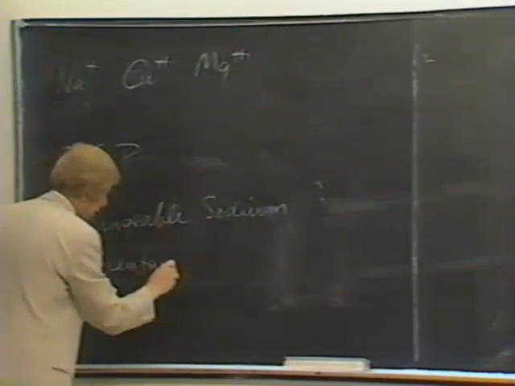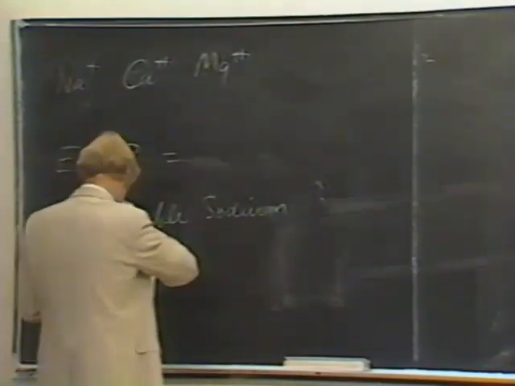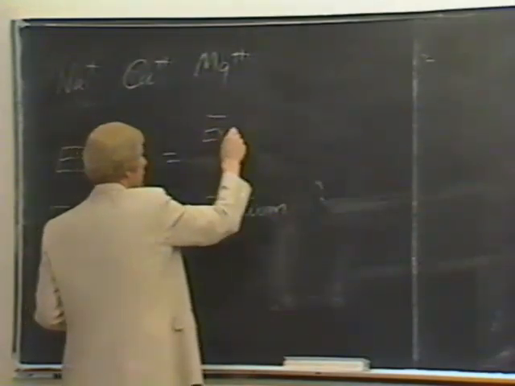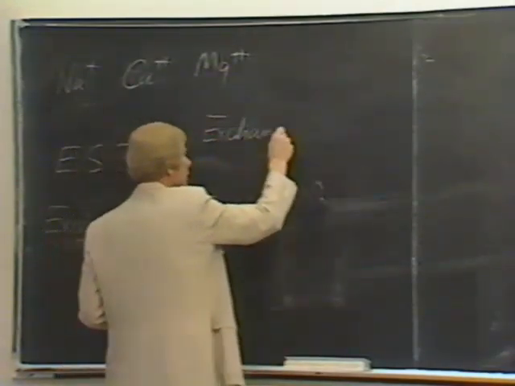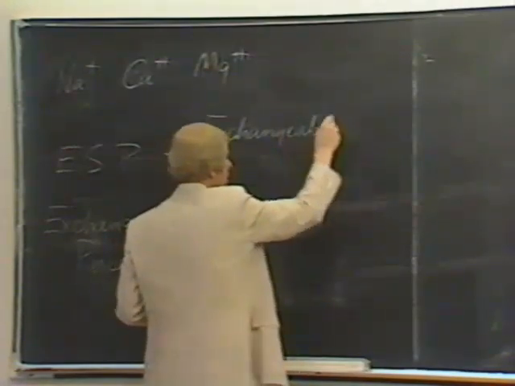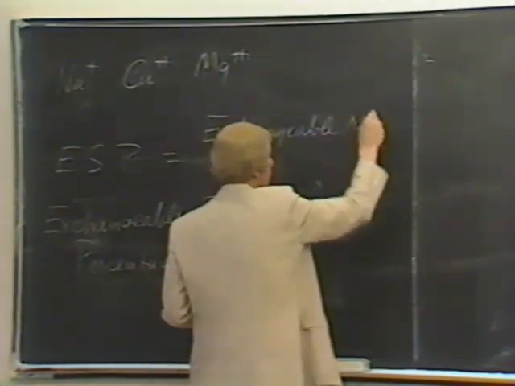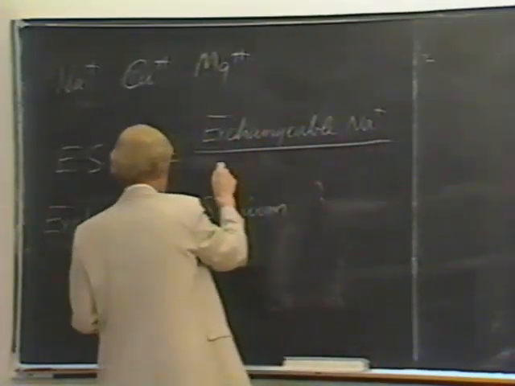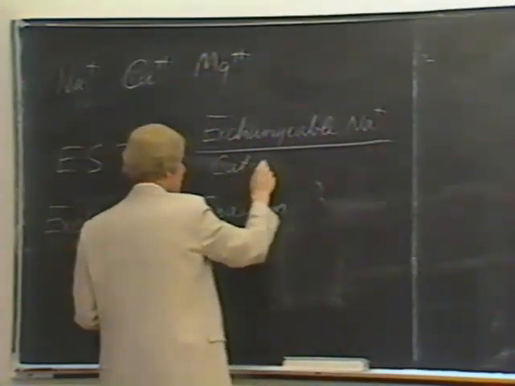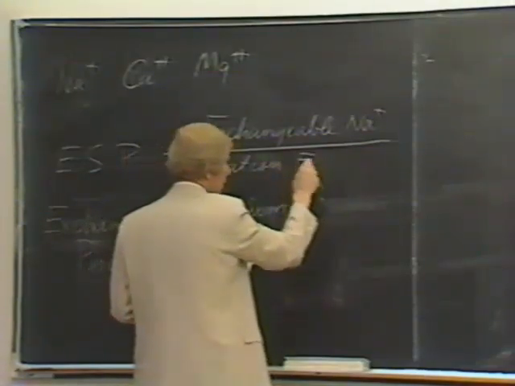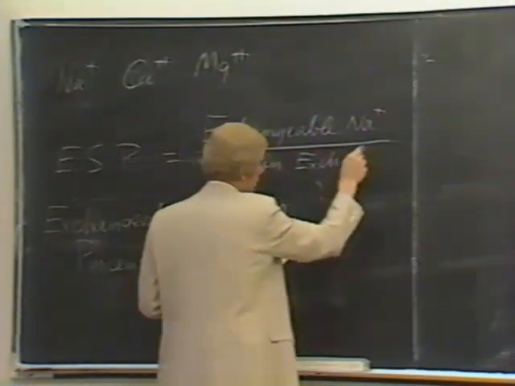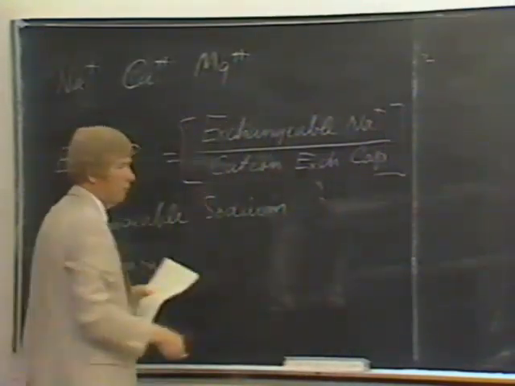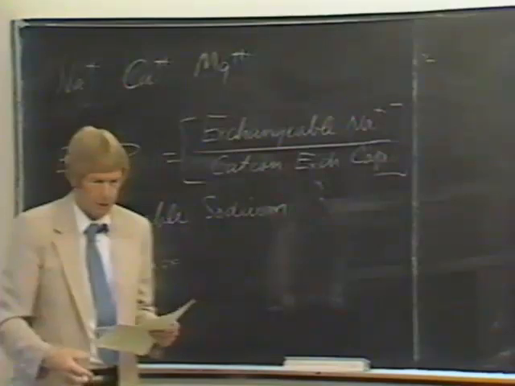That is the fraction of the surface that's covered by the fraction of the adsorption sites or sorption sites that is covered with sodium ion. And these are in milliequivalents per 100 grams dry soil, dry particles.